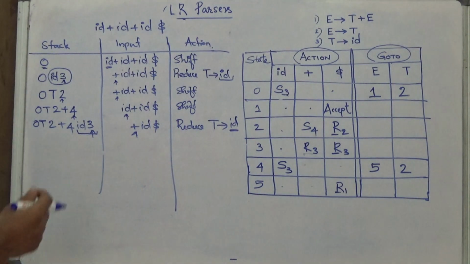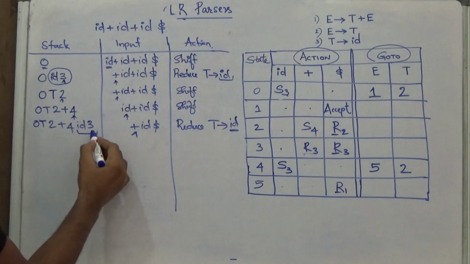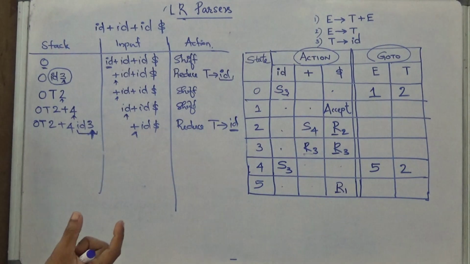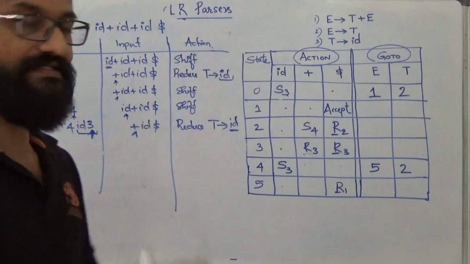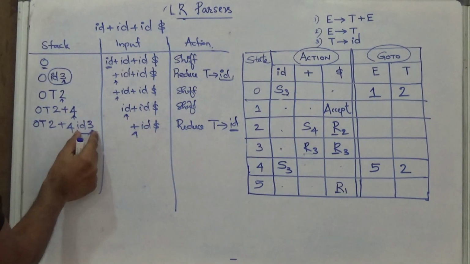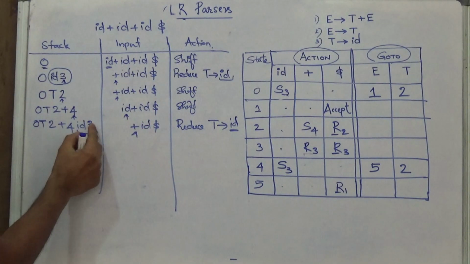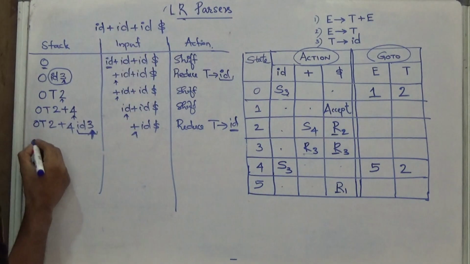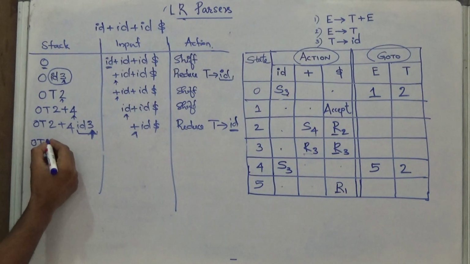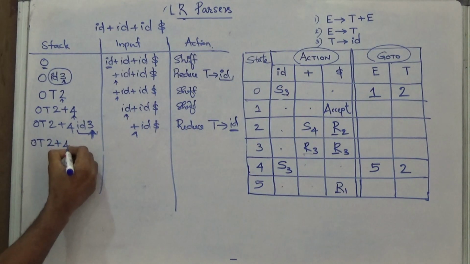That is actually the handle. This state holds the information regarding the handle currently present in the stack. The handle is ID, right delimited with 3. So this ID 3 gets popped from the stack, and the stack will be 0T2 plus 4.